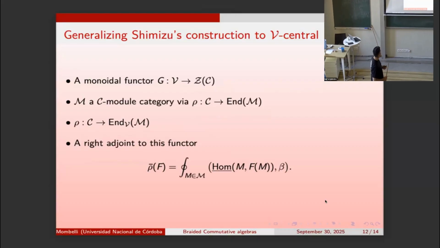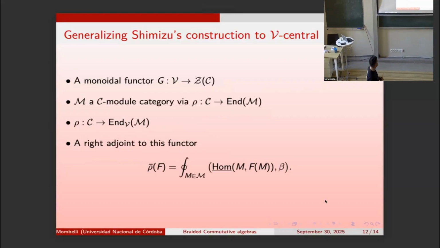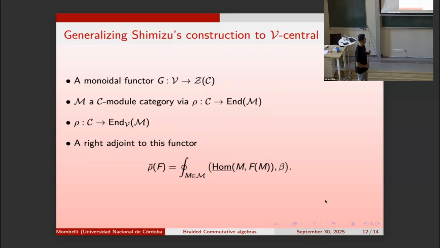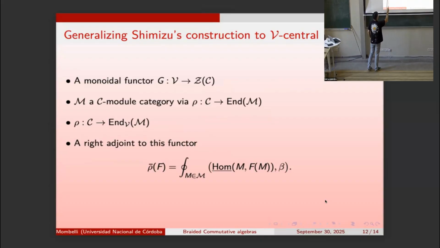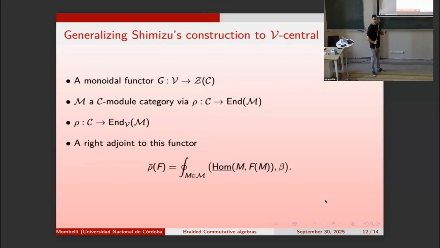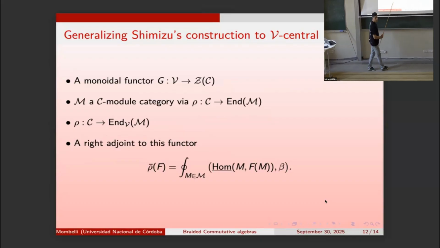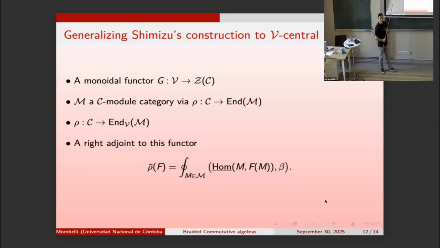Wouldn't the right adjoint to this functor rho land inside of C rather than the relative center? Yes, that's one of the steps that I missed. In principle, it will land in C, and there is a canonical braiding, but the fact that it comes from this coend that respects the action of B means that you can prove, with a long calculation, that it is in fact an object in the relative center.